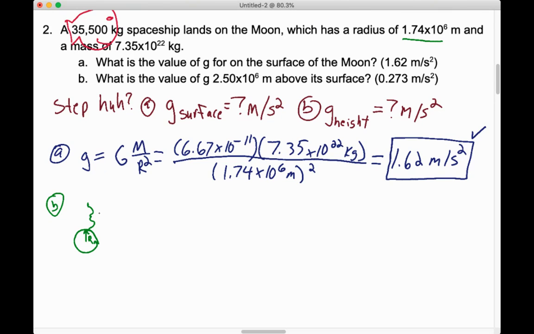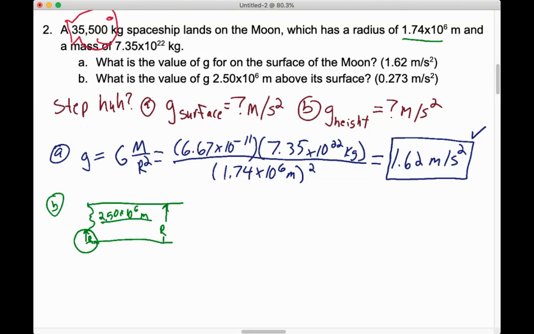We're at this height, 2.50 times 10 to the 6 meters above the surface. So the value we need to plug into the formula is not going to be the radius of the moon, and it's not going to be this number. It's going to be the sum of those two numbers, both of them added together.